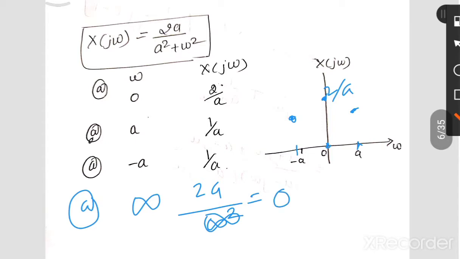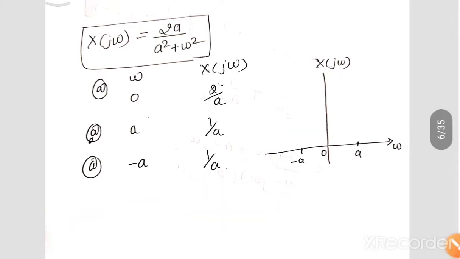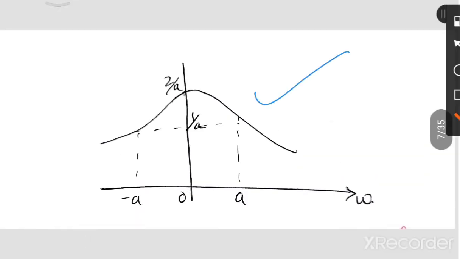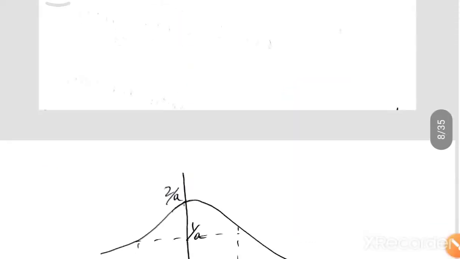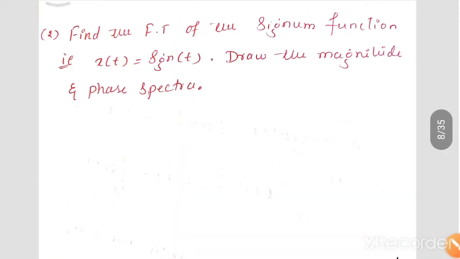So at plus infinity, it is going to be decreasing, and at infinity you are going to reach 0, and at minus infinity it will be again 0. Okay, this is your magnitude spectra, right? So at infinity these values will be 0. And next, that is your magnitude spectra we have drawn.